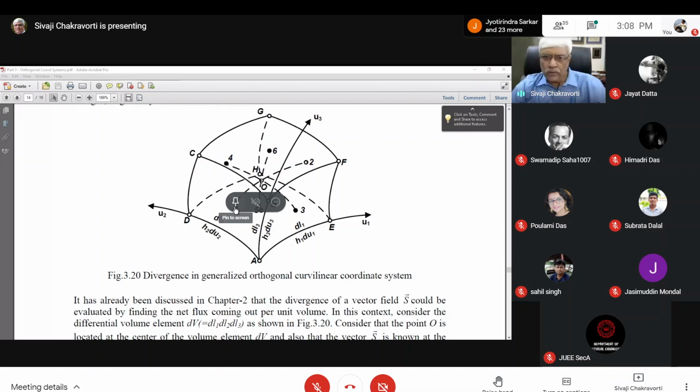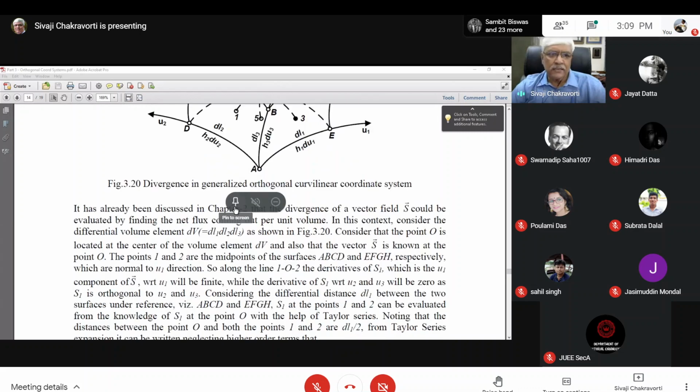So between O, which is the midpoint, and 2, it must be half of that. And 2 is in the increasing direction of the coordinate, so I will say it is plus dl1 by 2. Point 1 is in the decreasing direction of u1, so I will say it is minus dl1 by 2.